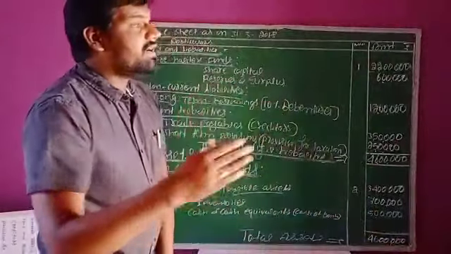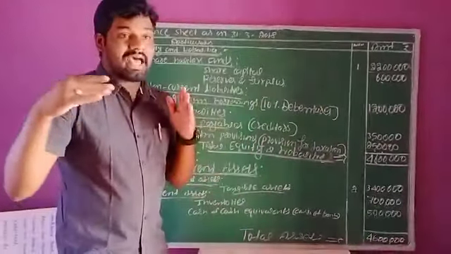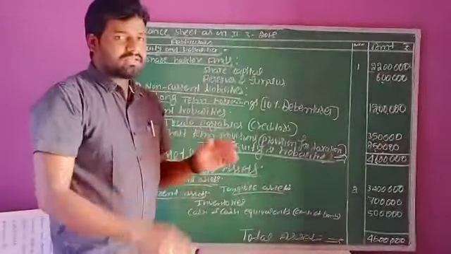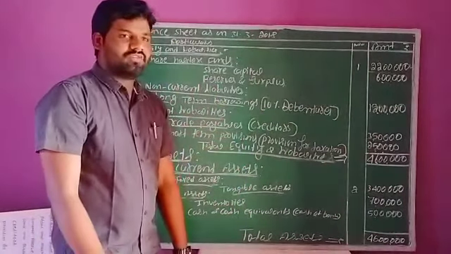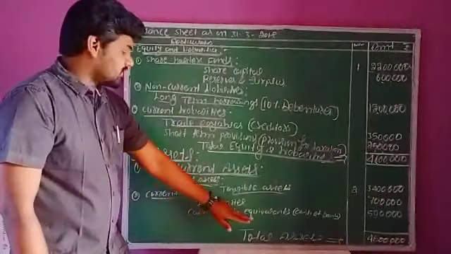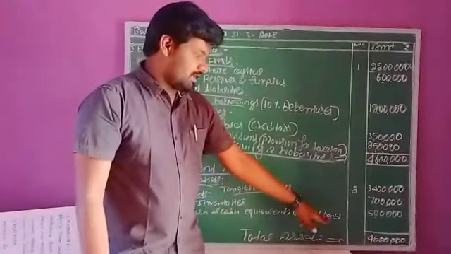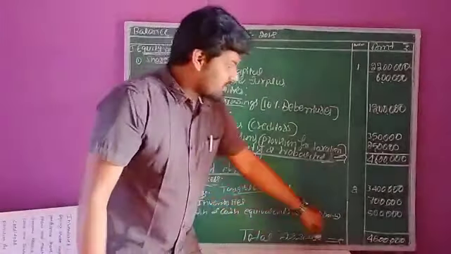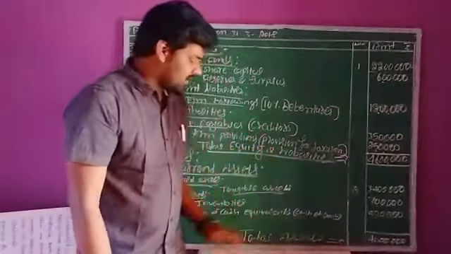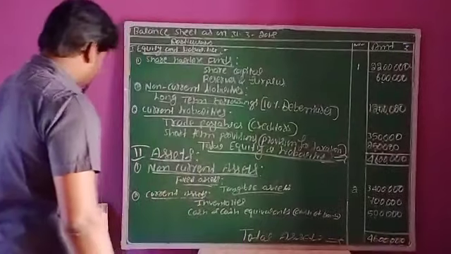Suppose cash in hand and cash at bank, both transactions are given, then in the answer we need to calculate the working note as cash and cash equivalents. So here cash and cash equivalents, in the bracket we show cash at bank, right? Only one transaction is given. The value of cash and cash equivalents is 5 lakhs rupees. This is the given information regarding the assets.